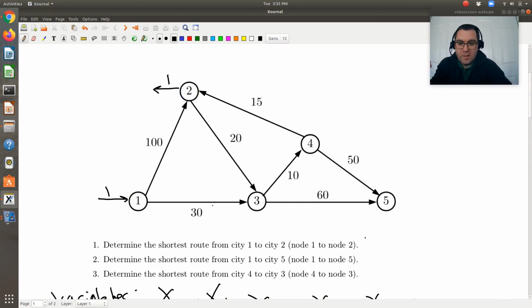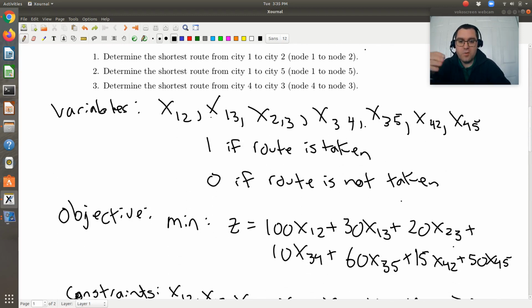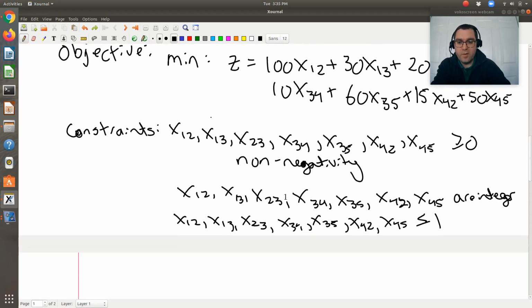So what that means is if I look at node 1, I have this fictitious 1 unit entering node 1. The units entering node 1 have to be equal to the number of units exiting via route 13 or route 12. Now remember x12, x13, these are going to be binary variables.